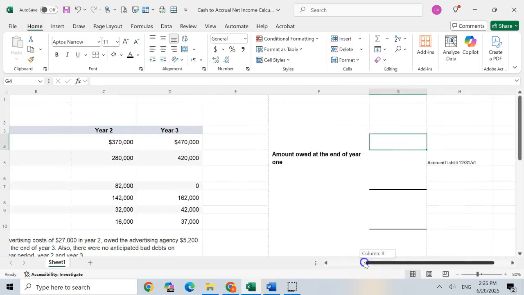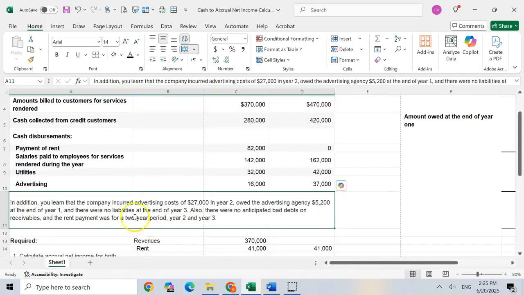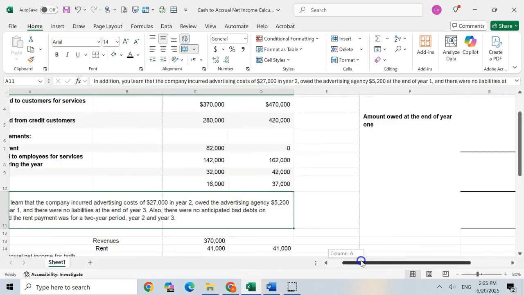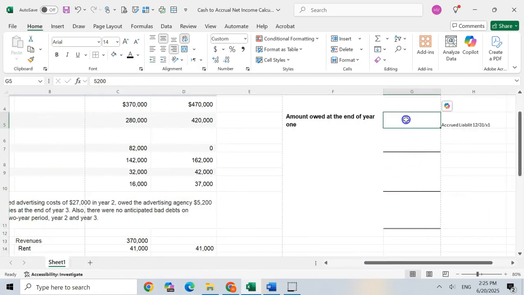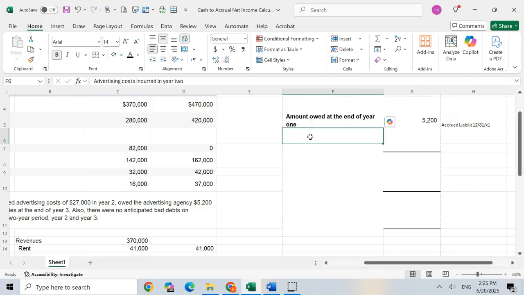The problem tells us right here that the company owed the advertising agency $5,200 at the end of year 1. So we're going to start with year 1. At the end of year 1, we have a $5,200 liability. I'm just going to put that there. And we're going to work our way to see what happened in year 2 and then what happened in year 3.